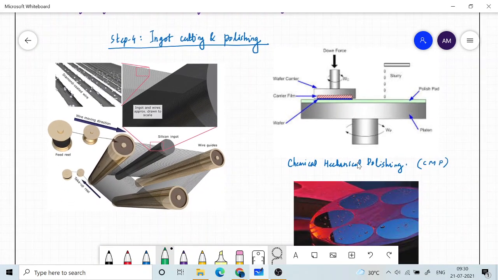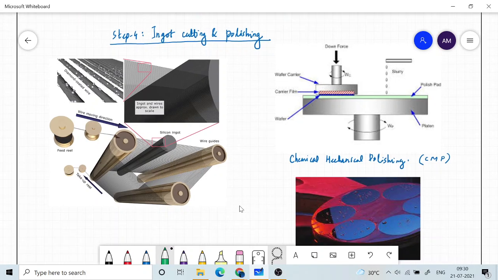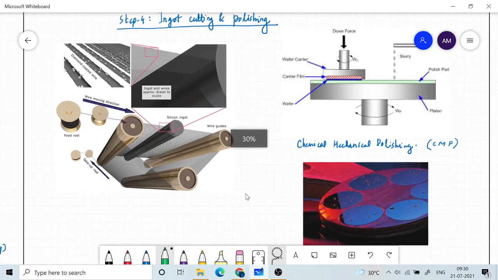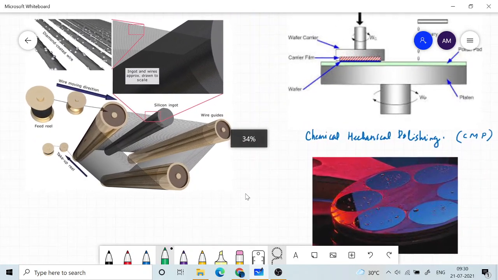So here you can see a silicon ingot. This is shown in this dark color. It is a cylindrical solid structure, and then you can see some kind of pulley mechanism. I don't know whether it is visible to you. Maybe I will magnify it slightly more.